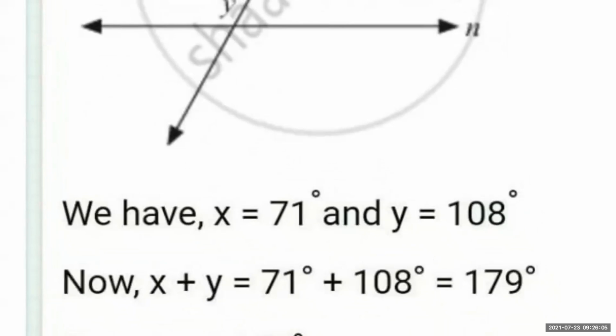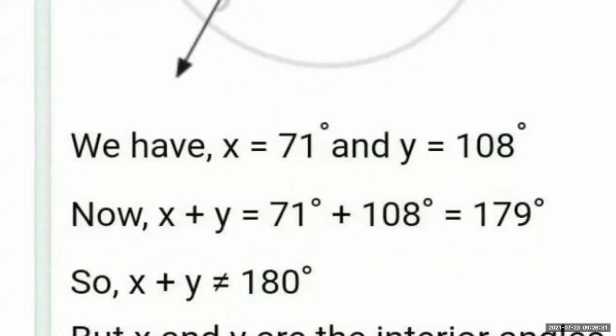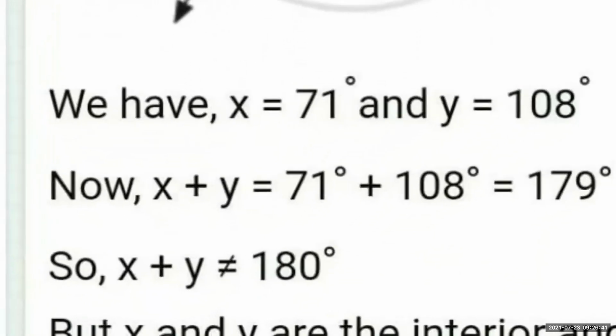That is 179. And we need 180 degrees if those are parallel. So as the total is not 180 degrees, it is 179 degrees, we can say those lines are not parallel. So here the next step, angle X plus angle Y, here is the symbol not equal.